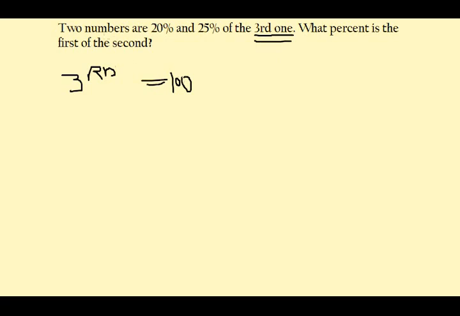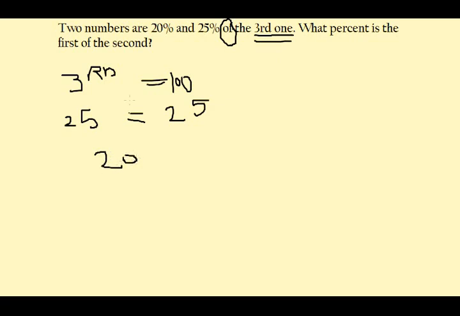So the two numbers are 20 and 25%. So this 25% would be of. Here remember, of is given, not more. If more is given, then you have to add. So it would be 25, and the other number is 20% of the third one, 20% of 100, so it would be 20.